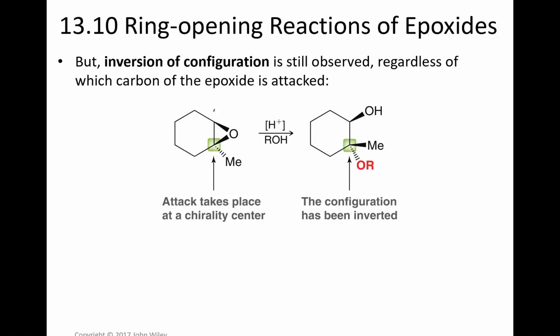So let's look at an example where you have a secondary carbon versus a tertiary carbon. Remember, anytime you have a tertiary carbon, the nucleophilic attack will primarily occur at that tertiary carbon, because after the oxygen is protonated, that carbon-oxygen bond is weakened.